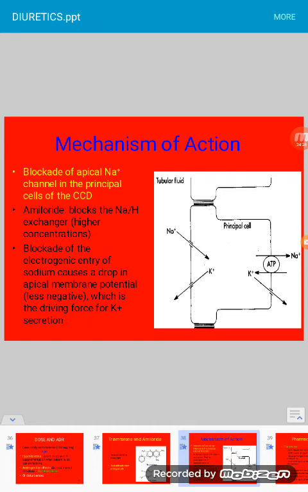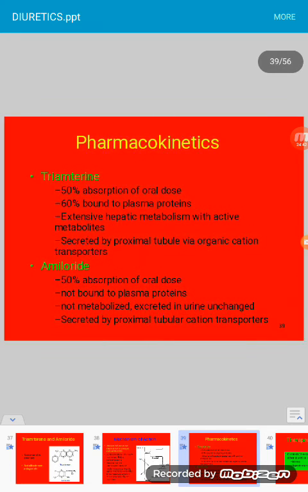This becomes less negative, which is the driving force for potassium secretion. So this electronegativity, which drives potassium into the cortical collecting tubule, is blocked by amiloride and triamterene. They are given by the oral route, with extensive metabolism in the liver and excretion through the kidneys.